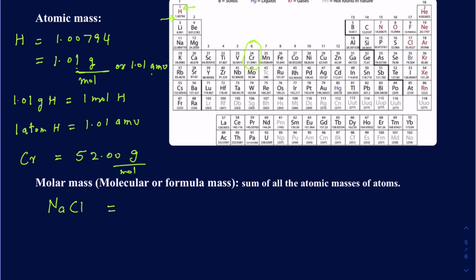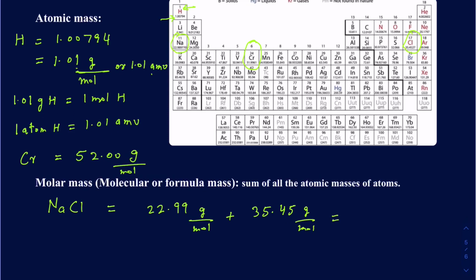So what's the atomic mass of sodium? Sodium has atomic number 11. It's going to be 22.99 grams per mole. And then plus we have one chlorine. Chlorine is 17 right there, so it's going to be 35.45 grams per mole.